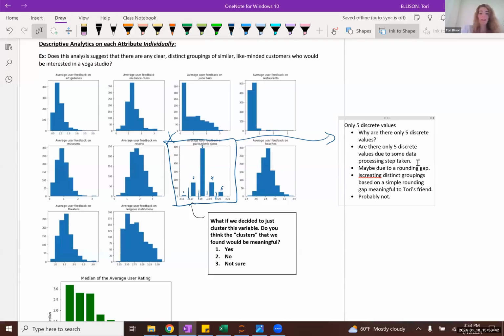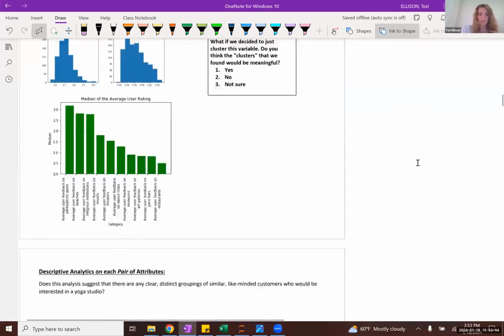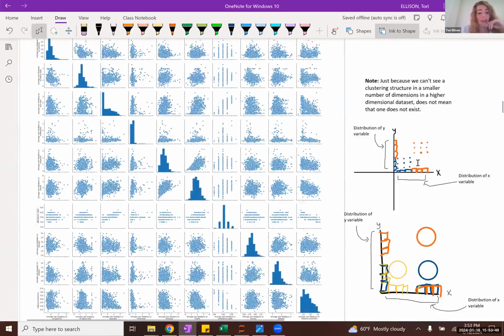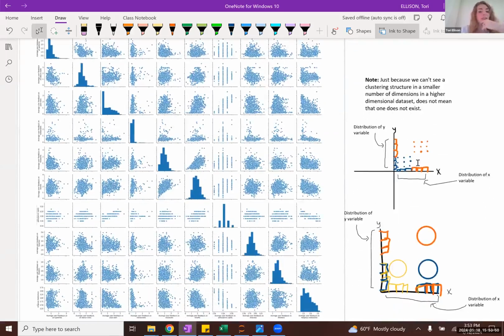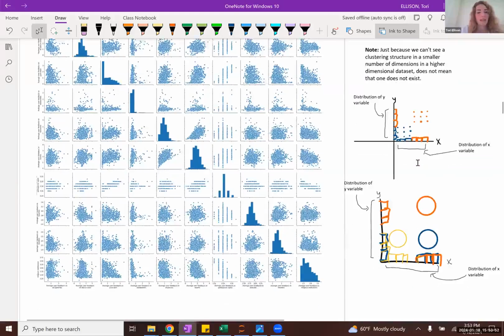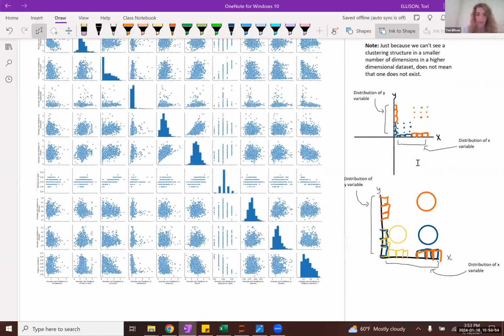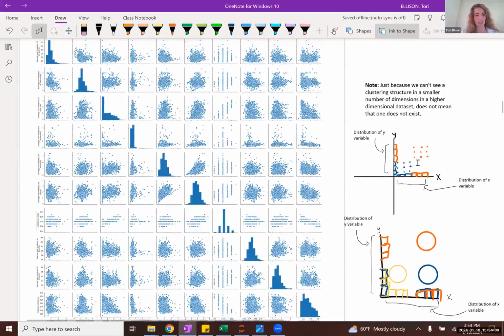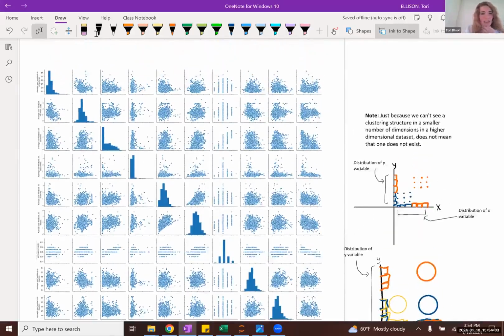Okay, moving on, we'd also want to look at, as best as we could, any pairs of relationships that exist in the data set. So we might look at every pair of scatter plots that we could create with these 10 variables. For the most part, I'm not seeing a whole lot of separation between sets of observations here.